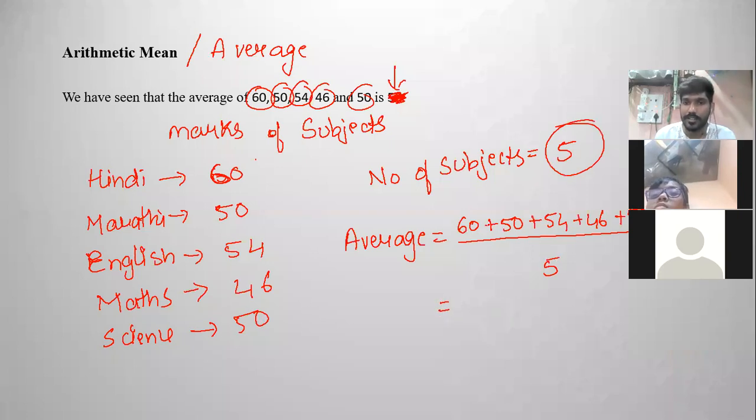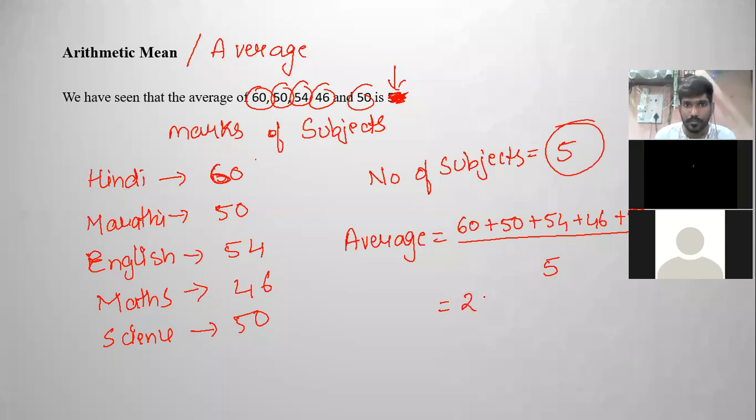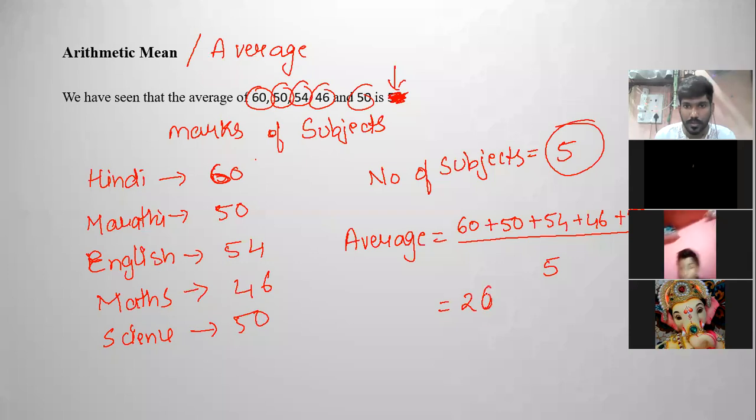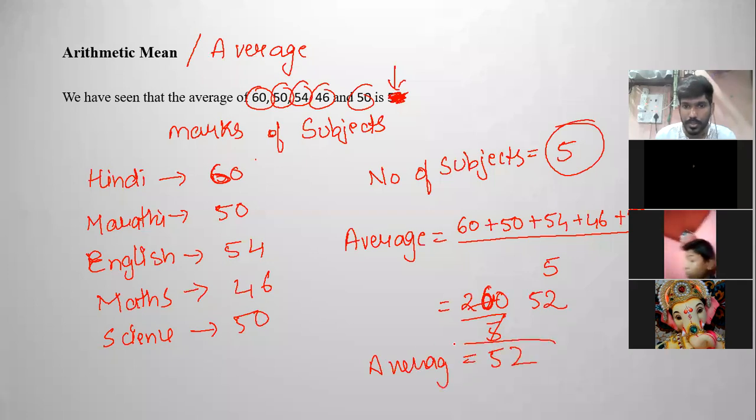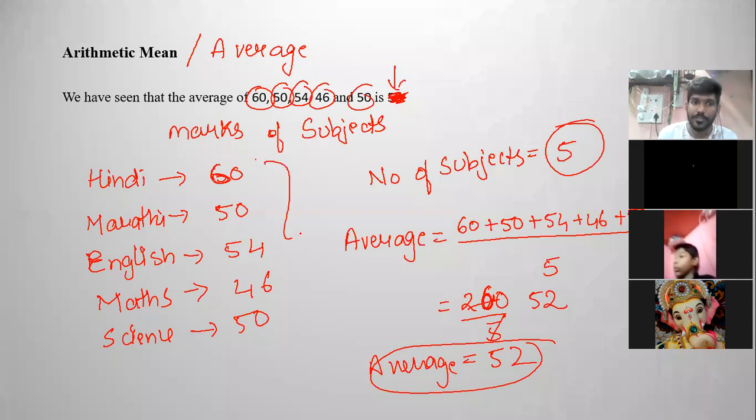So the sum is 260, divided by 5. 5 fives are 25, 5 twos are 10. So the average is 52. Okay, your average marks in all the subjects is 52.